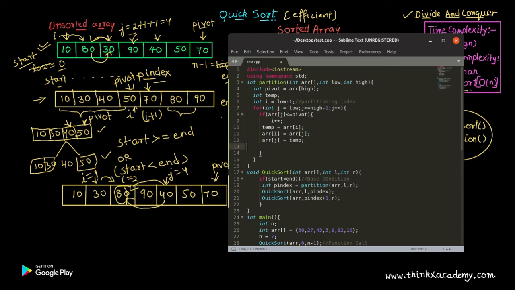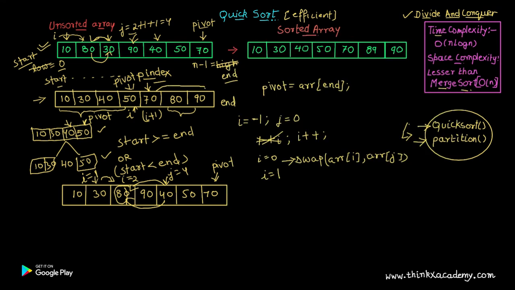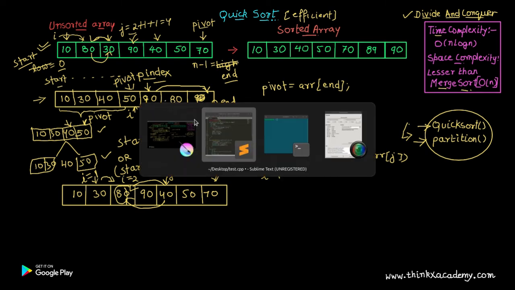We know that the pivot element will remain at the last, so this 70 is actually at the last position. At the last step, 70 was at the end and 90 was here. After running this for loop, our task is to swap these two values, so that the partitioning index will come at this position.